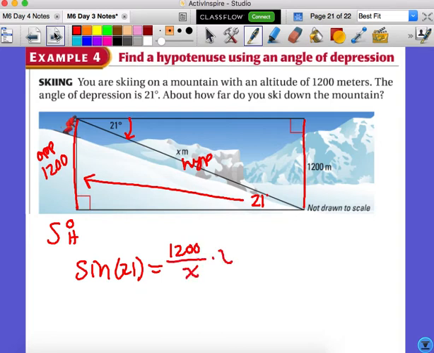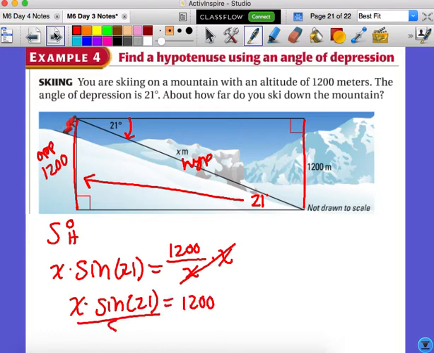Since x is in the denominator, multiply to get it out. Since x is now being multiplied by something, we're going to divide by that something. And then this becomes a calculator problem where I can do 1,200 divided by the sine of 21.